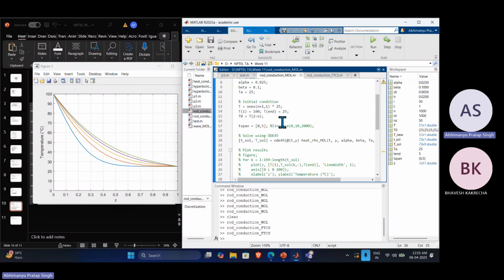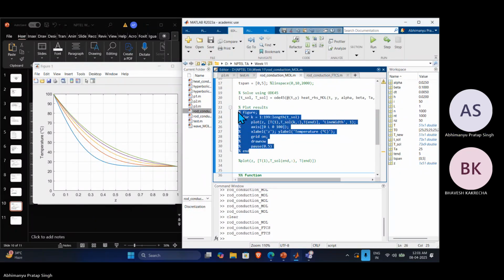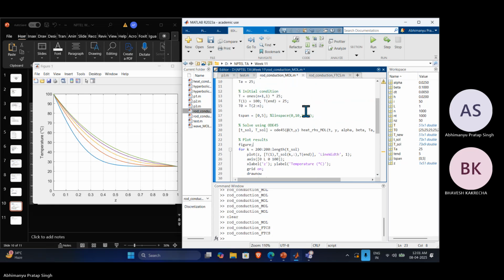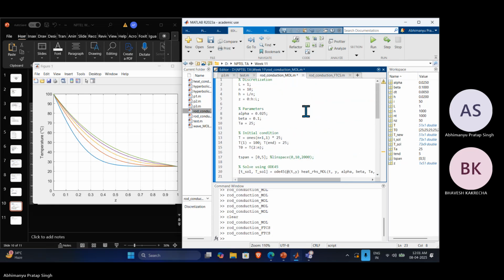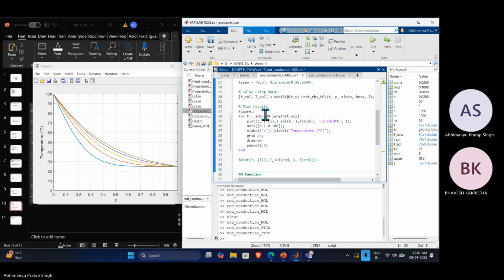And then if I superimpose my results from the method of lines solution, it should superimpose.